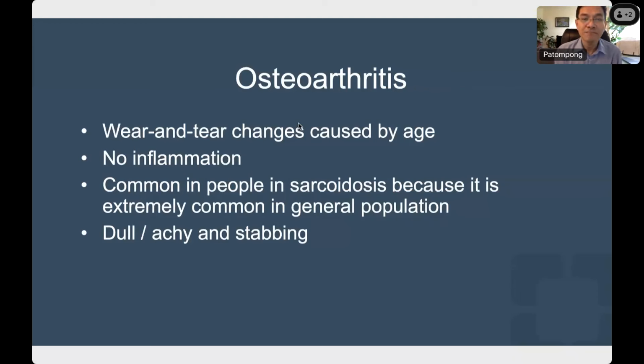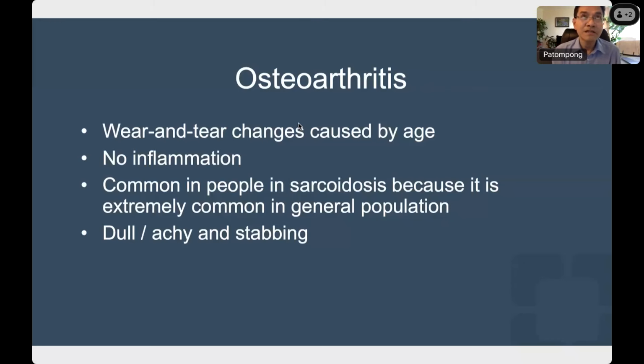The mechanism behind osteoarthritis is basically wear and tear changes or degenerative changes caused by aging. So it is almost inevitable for all of us to suffer from osteoarthritis at some point in life when we become older.